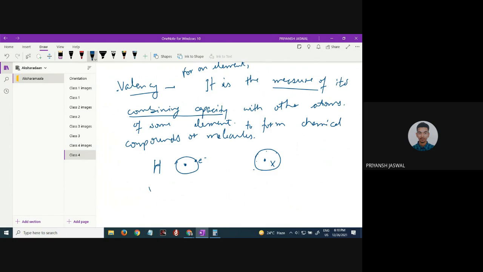So the valency number, which will be for hydrogen, will tell us how strongly it is allowed, or it wants to make a bond with another atom to form a chemical molecule or a chemical compound. So it defines the combining capacity.